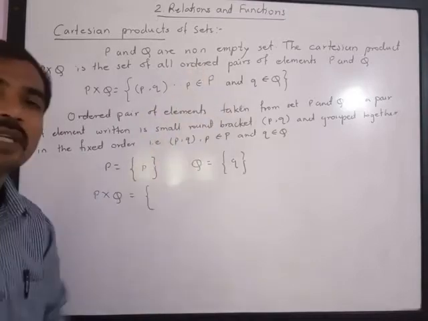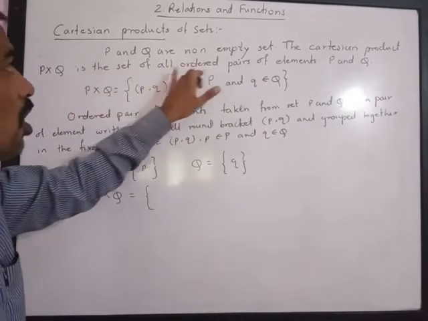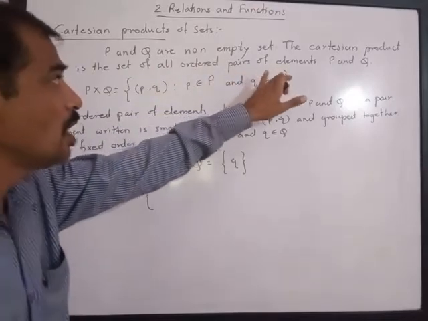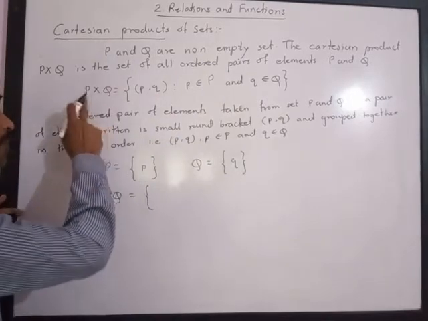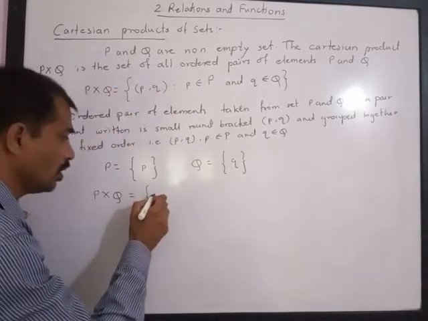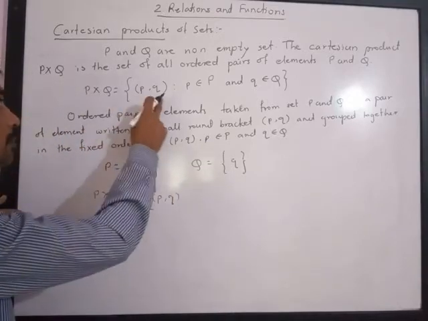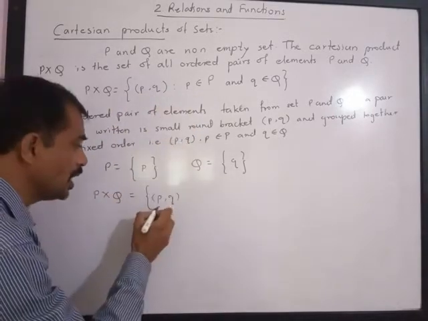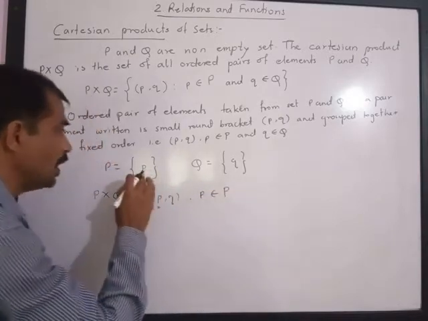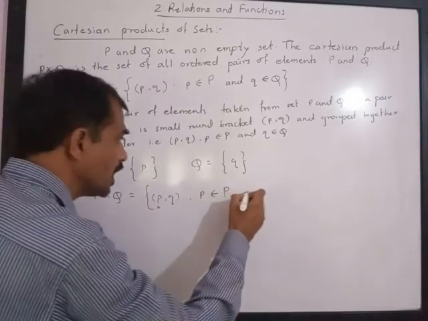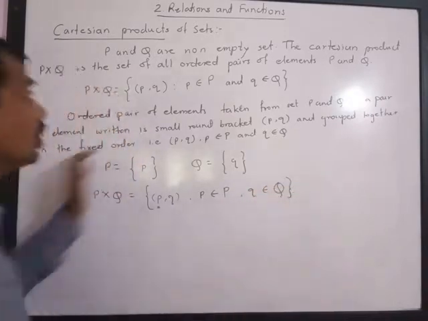So it is the set of all ordered pairs of elements of P and Q. It can be written this way: P cross Q is the set of (p, q), written in round brackets, such that the first element p always belongs to set P, and the second element q always belongs to set Q.